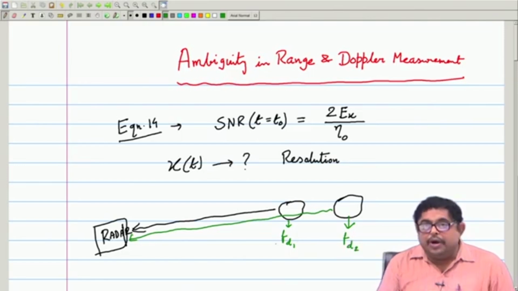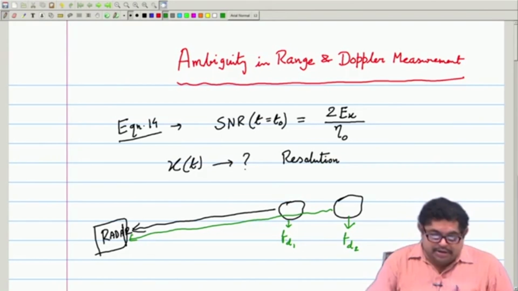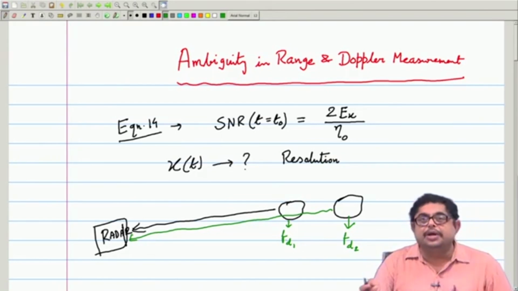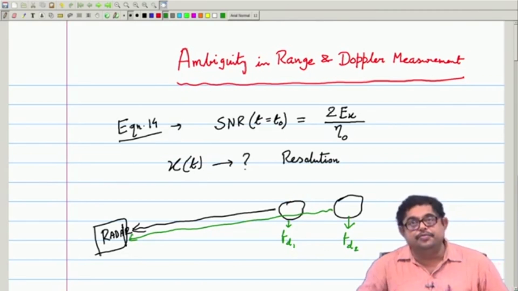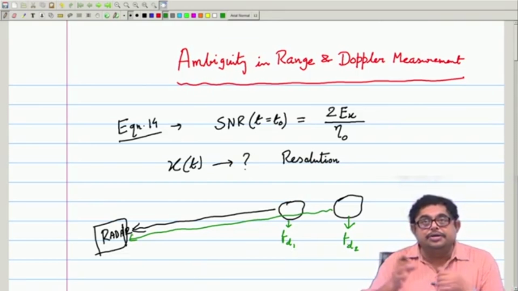What is the minimum difference between FD1 and FD2 so that the radar will be able to say that there are two different targets with Doppler frequencies FD1 and FD2? This is the concept of resolution.